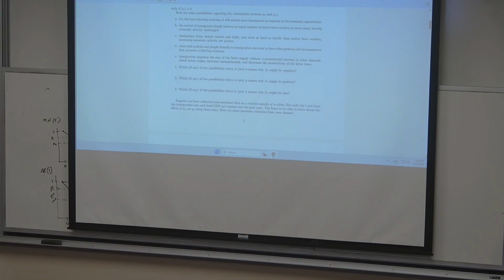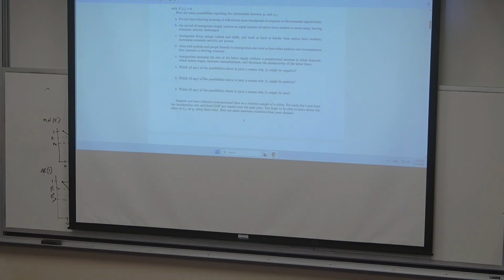The answer to this one is E, because immigration increases the size of the labor supply without a proportional increase in labor demand, lowers wages, increases unemployment, and decreases productivity of the labor force. So more immigration, lower log GDP. That's why the answer is E.